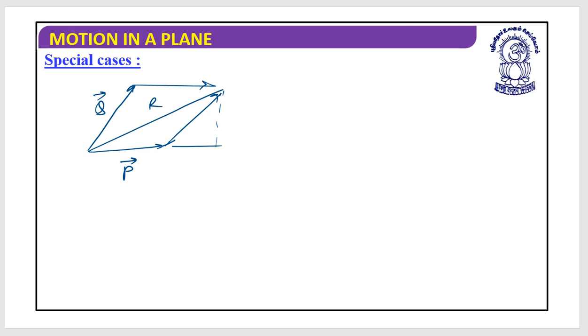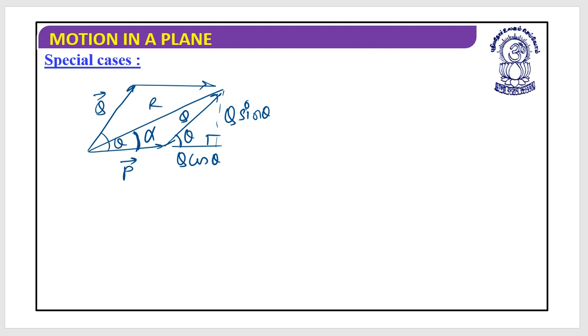I'm going to plot a perpendicular on this, and this was theta. This is the angle alpha. So what you are going to do is, this is q, this would be q cos theta, and this would be q sin theta. I hope you understood this now.